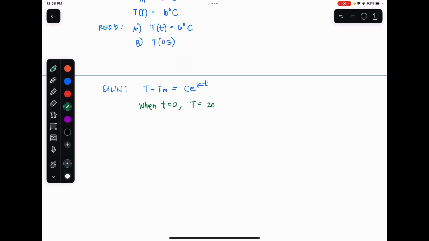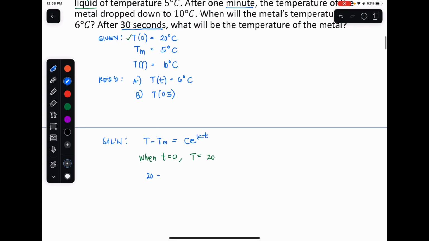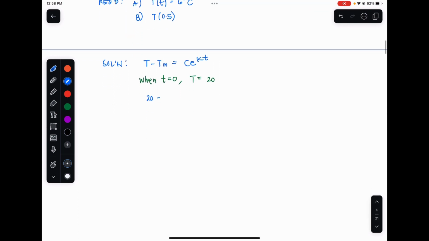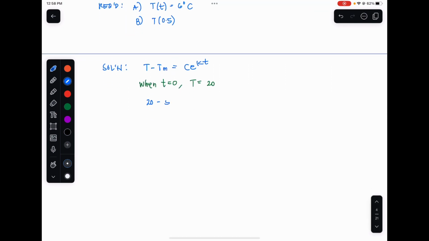We substitute T is 20, our T sub M, which is constant, is 5 degrees Celsius. So 20 minus 5 is equals to C e raised to k times 0. e raised to 0 is 1, so therefore C is equivalent to 20 minus 5, which is 15.